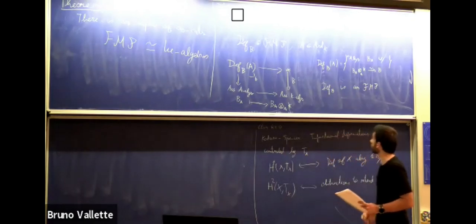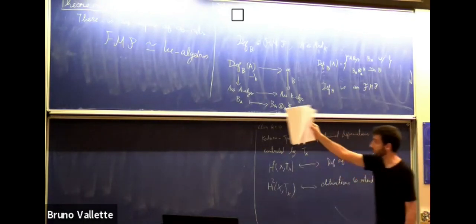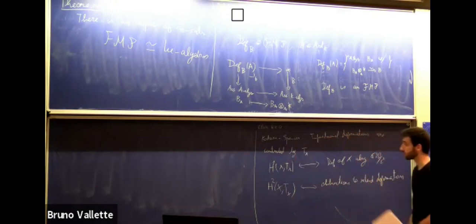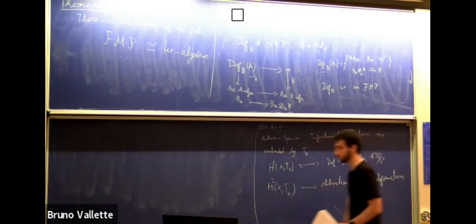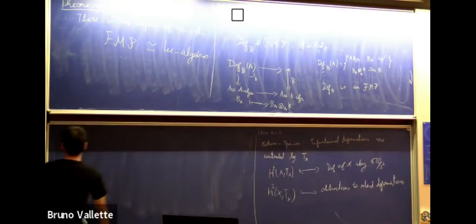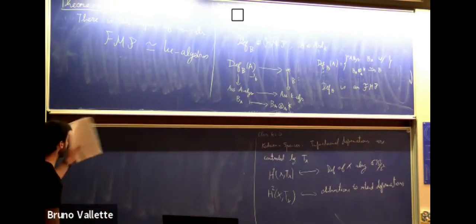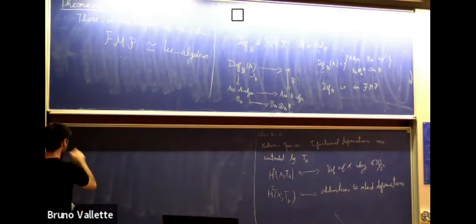And now we ask, well, under this equivalence, what's the Lie algebra it corresponds to? You'll believe that we were actually doing something related in the previous lectures to this one.